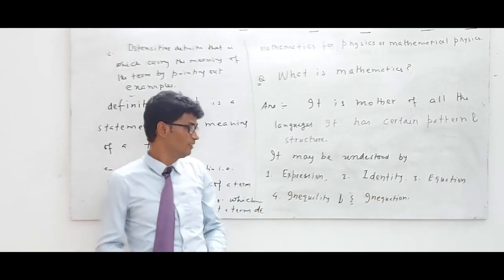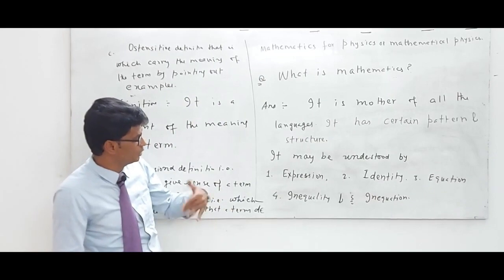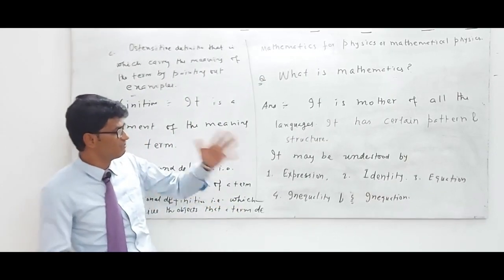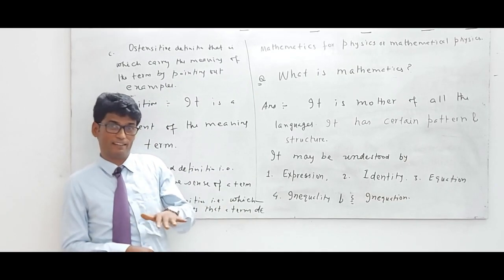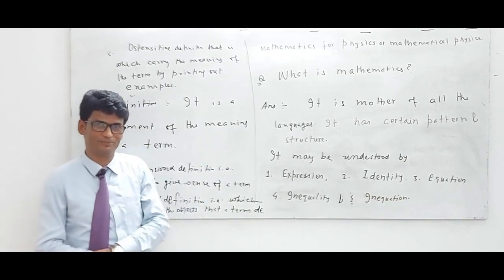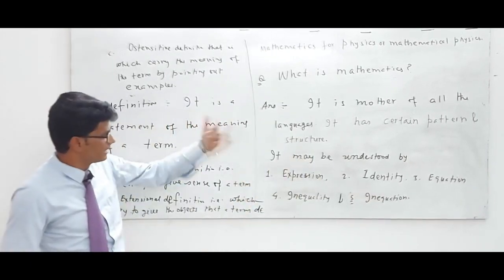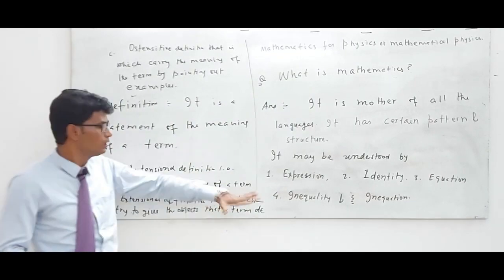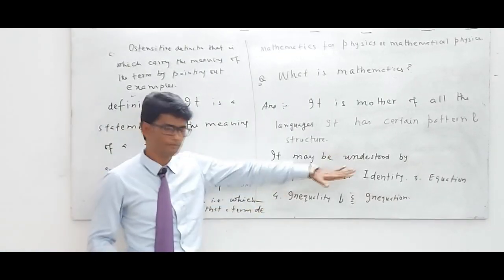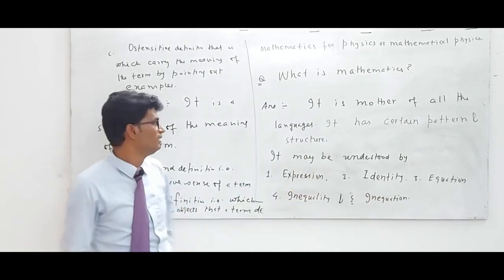So here also 5 things: expression, identity, equation, inequality, inequation. 5 year planning in my country, India. So this 5 is a very nice thing. So we will learn these things one by one, however, at length, not too much, but at length.